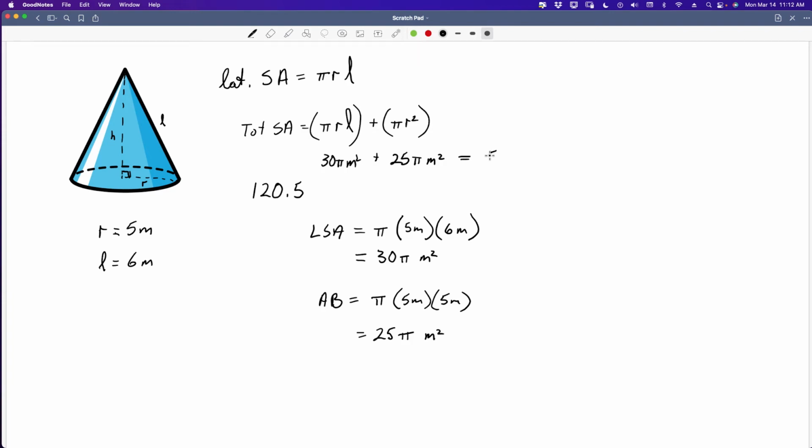So that is going to be 55 pi meters squared. And that is the answer for the total surface area of this cone, right? Figure out your lateral surface area and then the area of the base, add them together, and that is going to be the answer to your problem. And that is the total surface area. All right, so let me erase this.